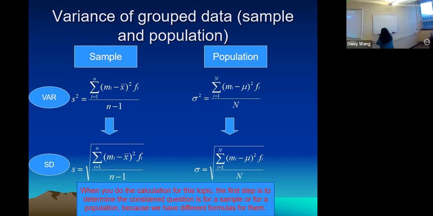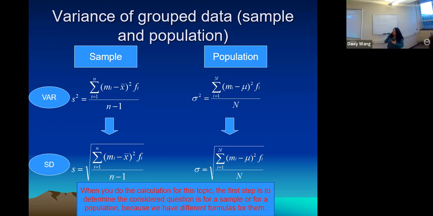So when we add it up, originally I calculated 4,000 divided by 100. So that means the X bar is 4,000 divided by 100, so that's 40.